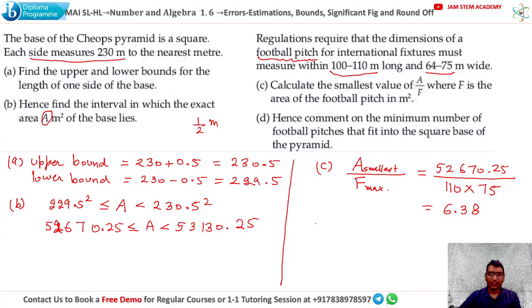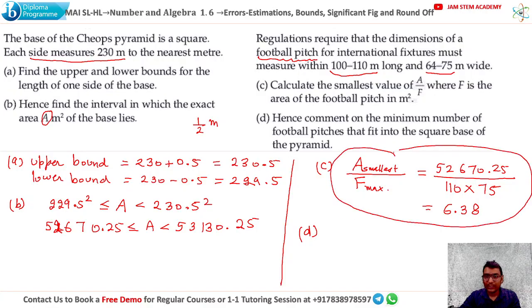Okay, now the D part. It says hence comment on the minimum number of football pitches that fit into the square base of the pyramid. How many football pitches fit into that pyramid area? So what can I say? Here I can say, using this relation, it is actually more than 6 times, right?